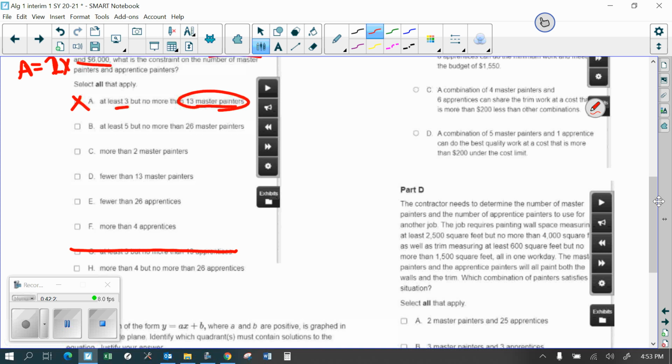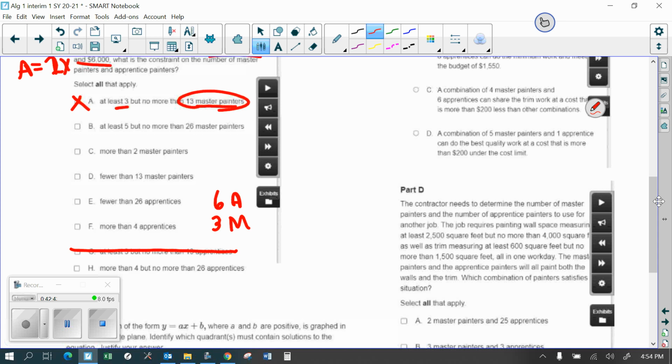More than 4, but no more than 26 apprentices. Okay, so more than 4, so I put it at 5. It can't be 5. It has to be 6 apprentices, and that'd be 3 masters.